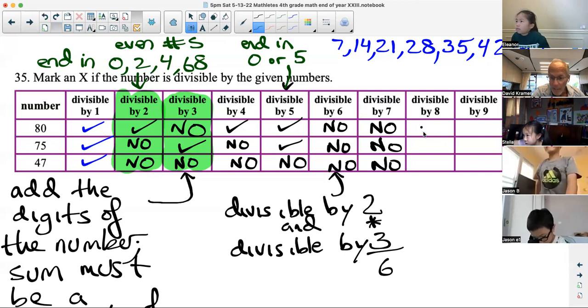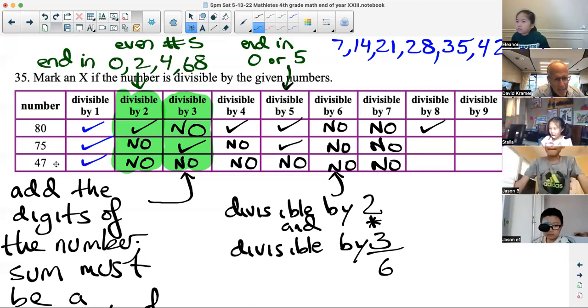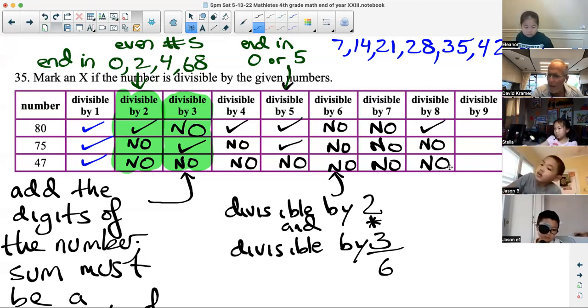Of course it is. 8 times 10. Now, Jason E, what about 75 and 47? Odd numbers. Are these two odd numbers multiples of 8? No, because odd numbers can never be multiples of even numbers.